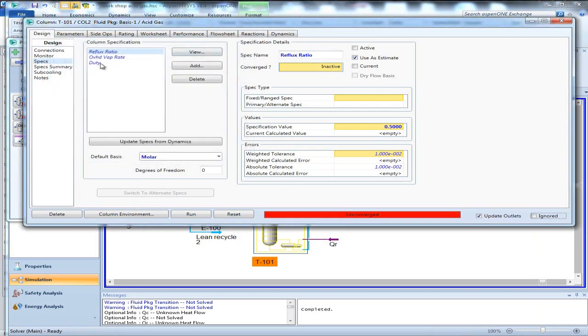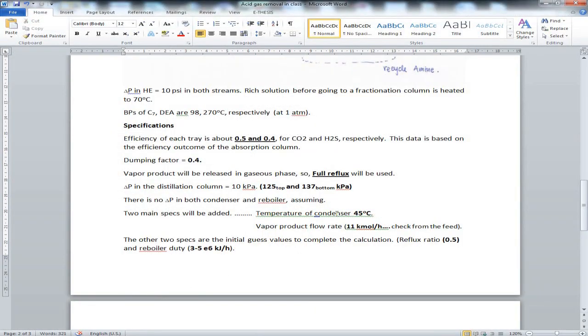And then it is inactive. Now let's go to the fixed one. There are two fixed specifications. One is temperature at the condenser, and the other one is to have the vapor product flow rate.